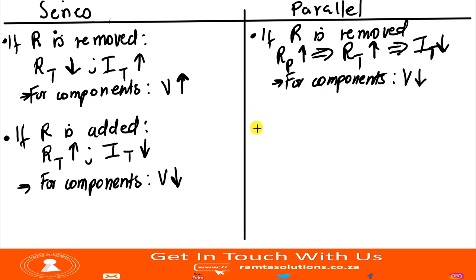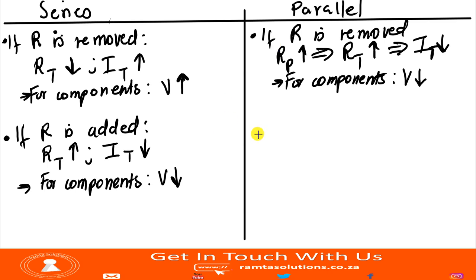So this is if one of them is removed. If maybe it's two resistors in parallel and one of them is removed, you basically are left with a series combination. But if it's three, what will happen when you remove one? The total resistance of the parallel combination increases, thereby increasing total resistance of the circuit.